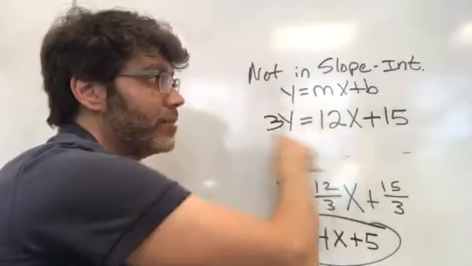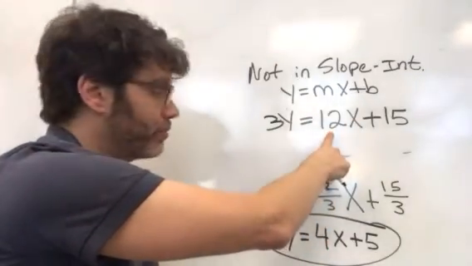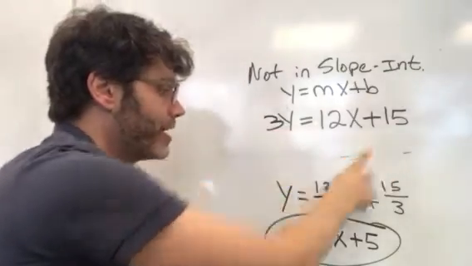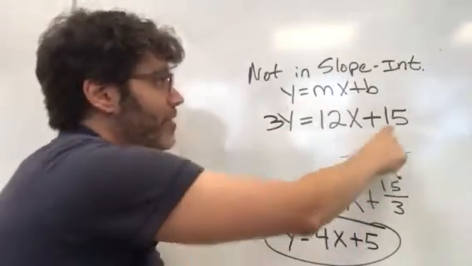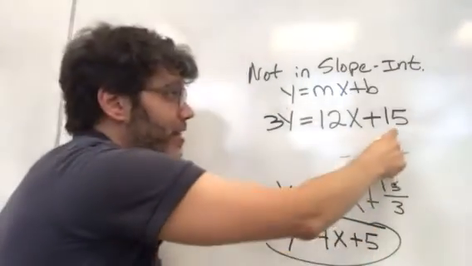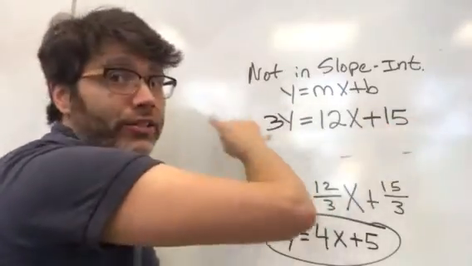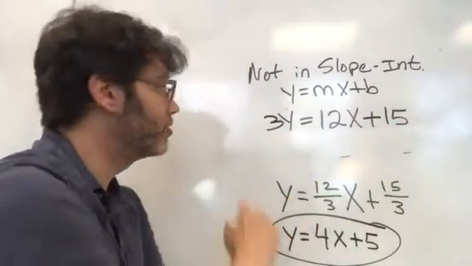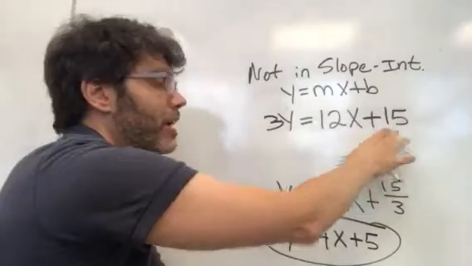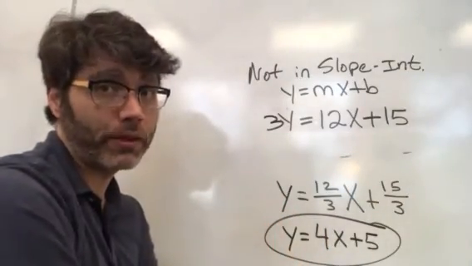Since this is not in y equals mx plus b form, this is not the actual slope. I have to divide everything by 3, and then I can see the true slope. This is not the y-intercept. This is not the y-intercept, because this is just a number that is in a non-y-intercept equation. So these numbers cannot be trusted until it's in y equals mx plus b form, okay?